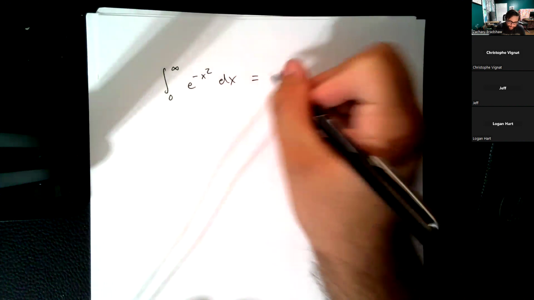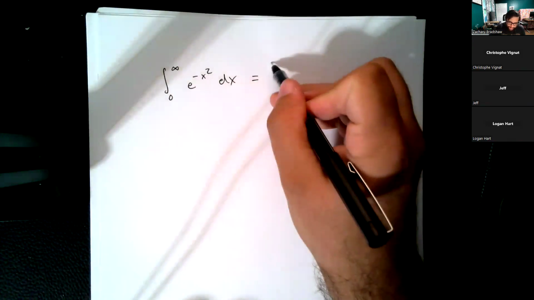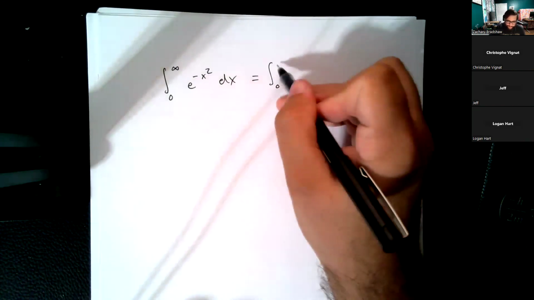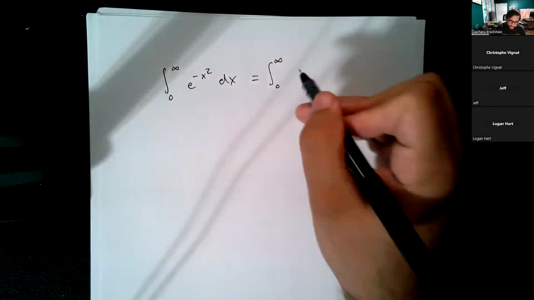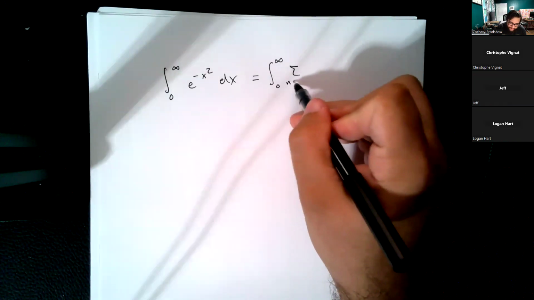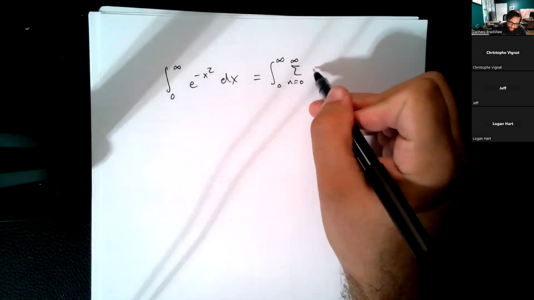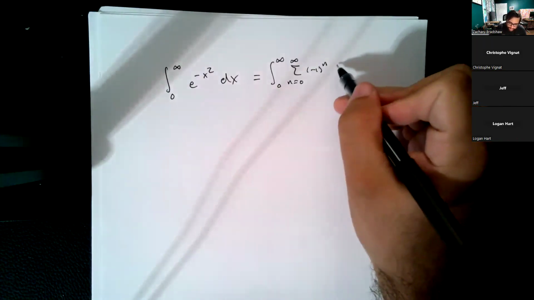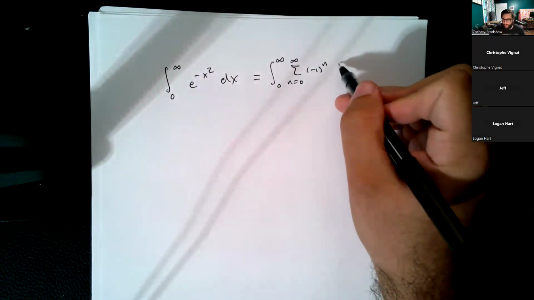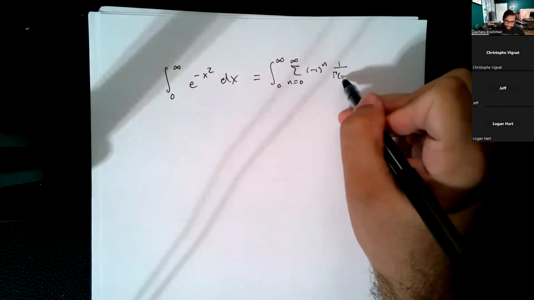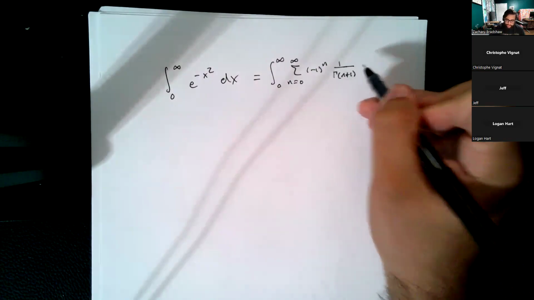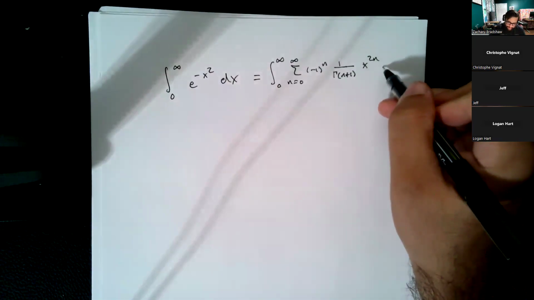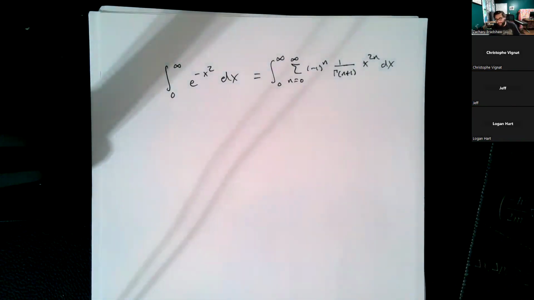So this is equal to the integral from 0 to infinity of the sum from n equals 0 to infinity of minus 1 to the n, 1 over n factorial. Another way to write that is 1 over gamma of n plus 1, x to the 2n dx.